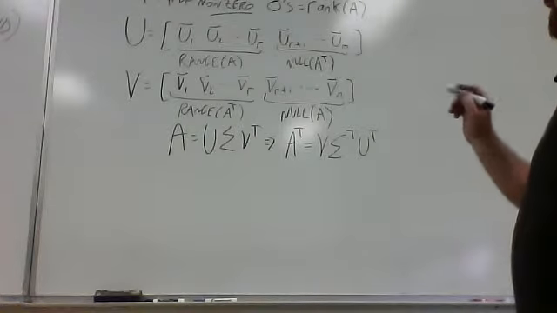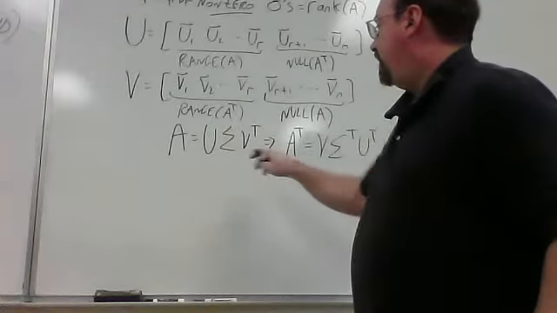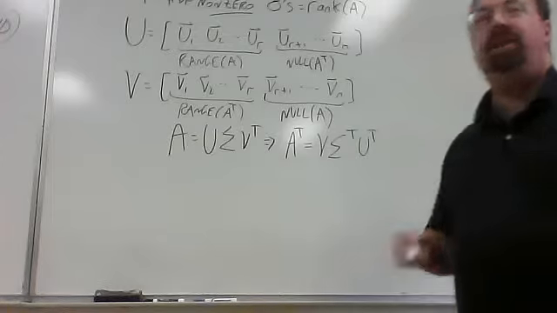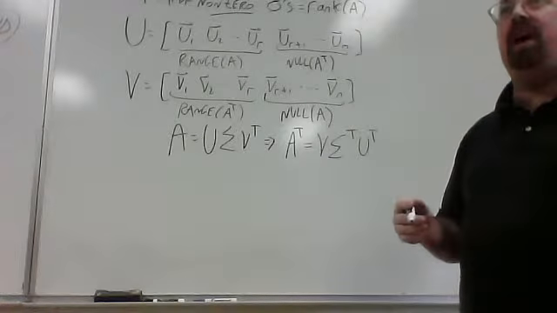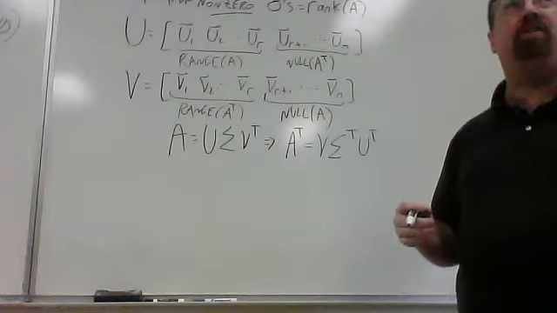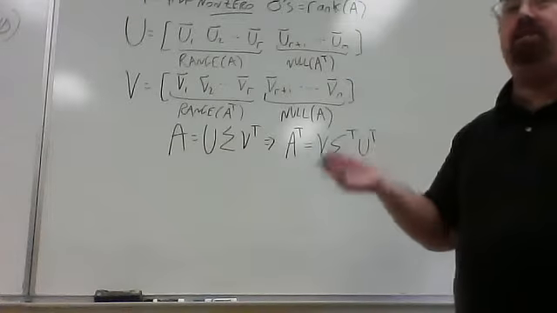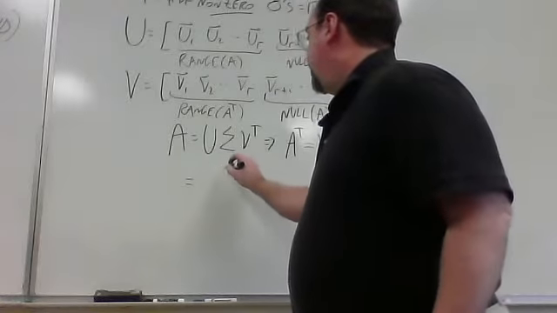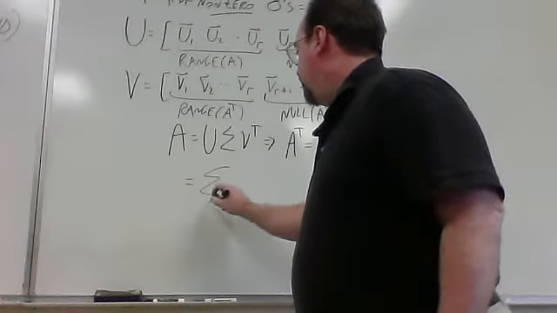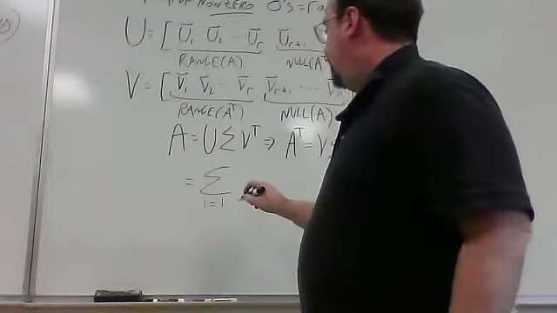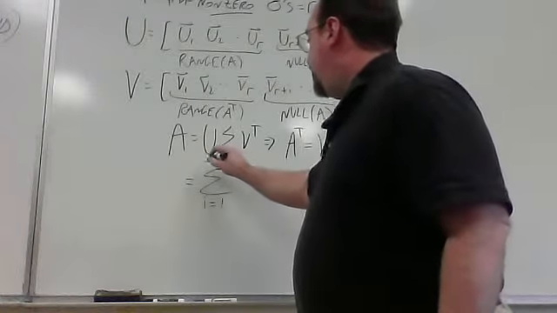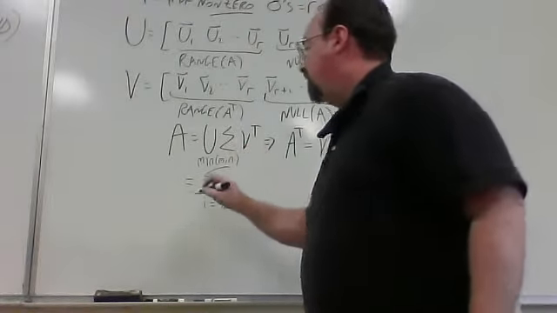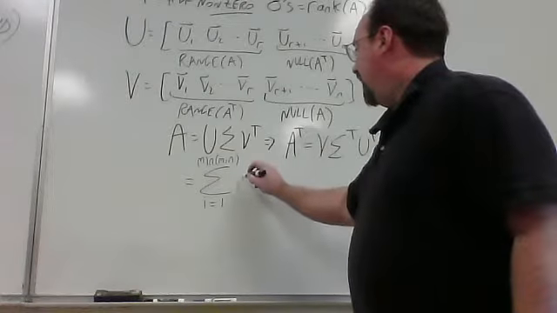Now, if I were to take this product, U sigma V transpose, and describe this using outer products. Some time ago when I first described matrix multiplication, you can view a matrix product as a sum of outer products. I can write this as a sum from 1 up to the minimum of m and n, because those are the only singular values you have.